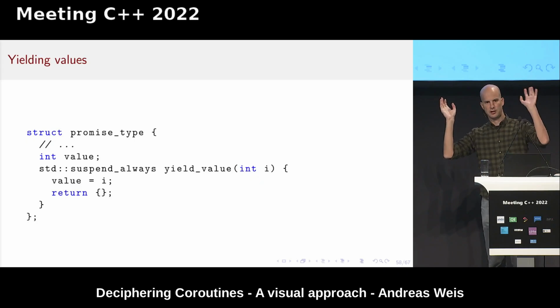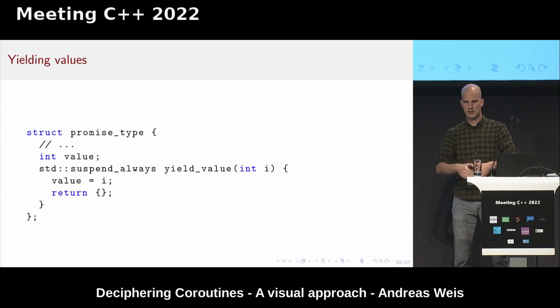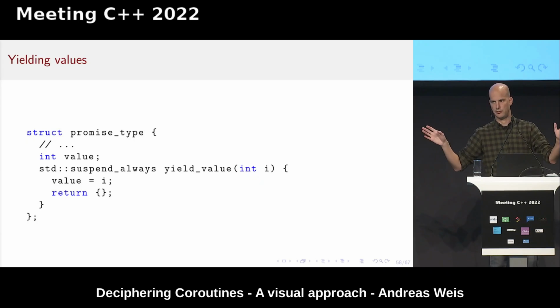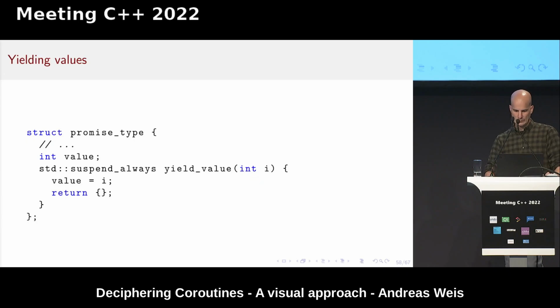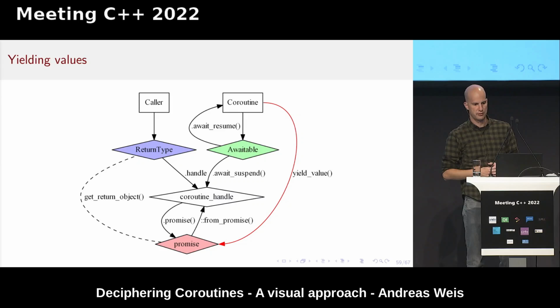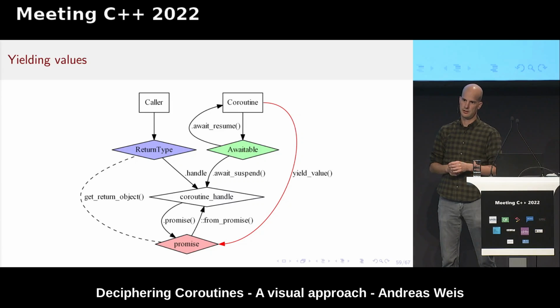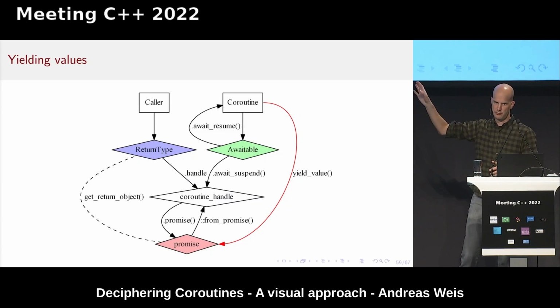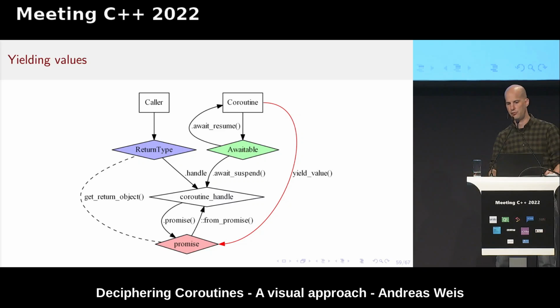And I don't need a complicated awaitable at all, right? I just say suspend always, and it works. So that's the true power of co-yield, that it gives me a shortcut from the coroutine right to the promise. And in most cases, I don't even have to write a custom awaitable to make this work.